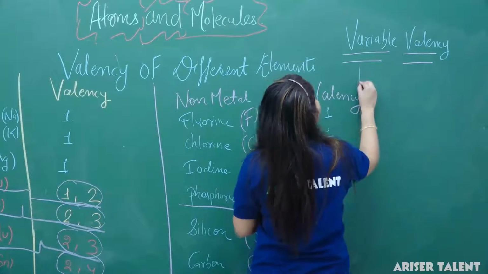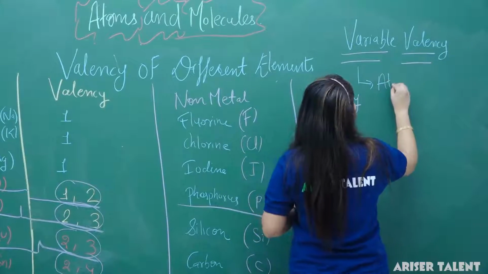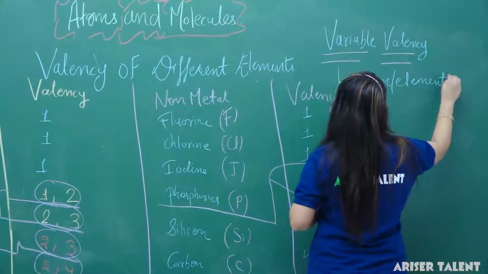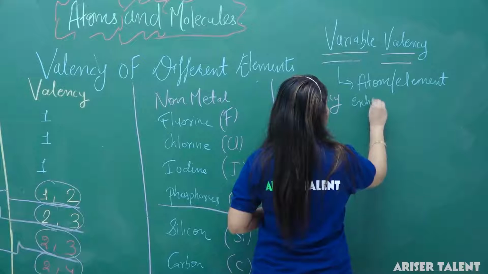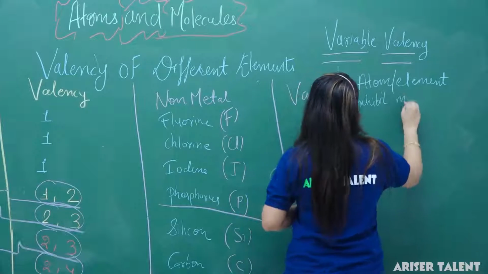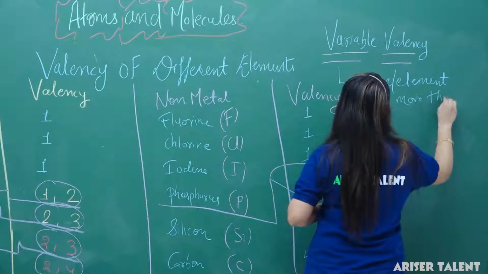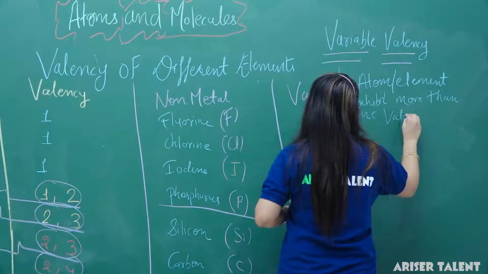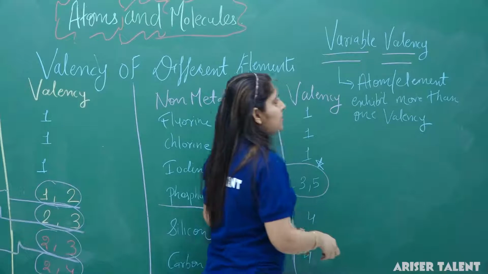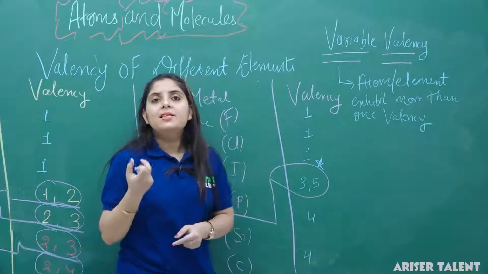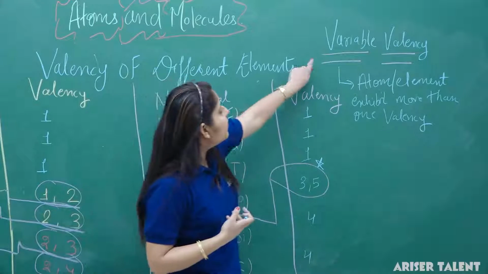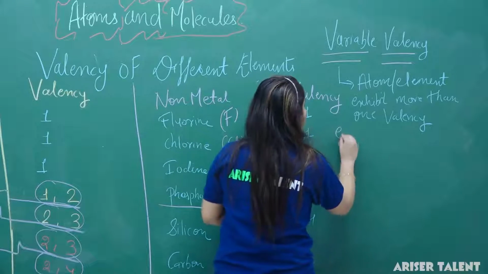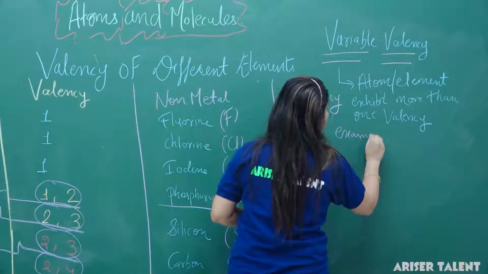Variable valency is when an atom, or we may say an element, exhibits more than one valency. If an atom or element has more than one valency, we term it variable valency. I am giving you an example for easy understanding.